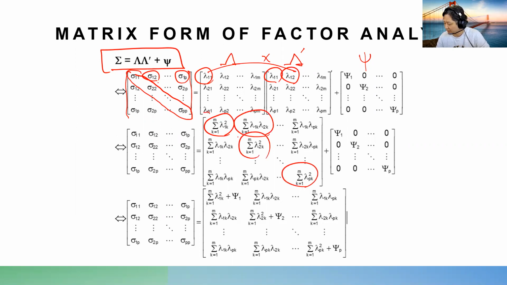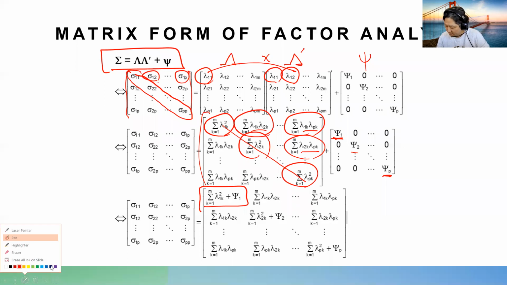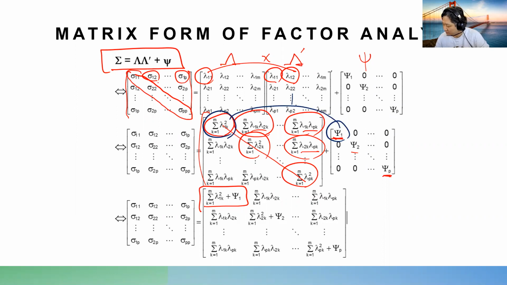The diagonal is all the variance, and the off-diagonal is all the covariance. Then if you add psi, the lambda squared part is added to this part, and if you add these two, we get this one.